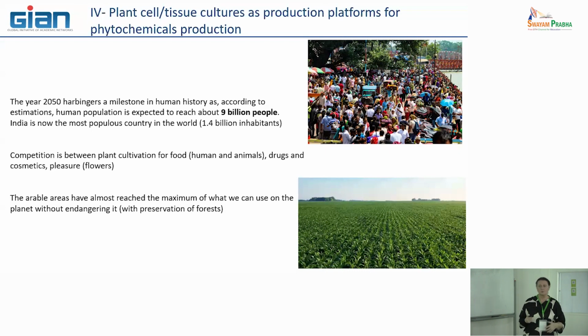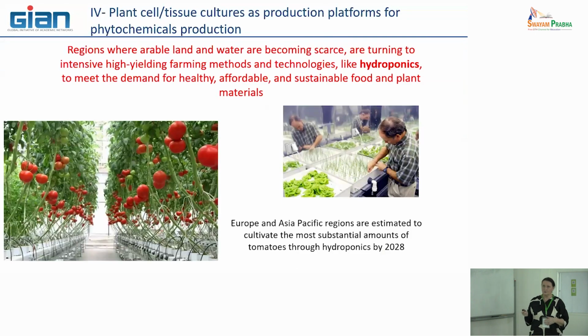So it is important to develop new ways of cultivation that are completely independent from these arable areas. In the regions where land, and in particular also water, because there are always these two parameters to take into account, are becoming scarce, they have turned their mode of production to intensive high yielding farming methods.